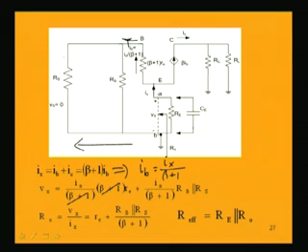So, this part is equal to Ix by beta plus 1, which is this current Ib, into Rb parallel Rs. Now, you take the ratio between Vx and Ix, which is equal to R naught, that is equal to small Re plus Rb parallel Rs by beta plus 1. So, this is the effective resistance across this capacitance Ce.